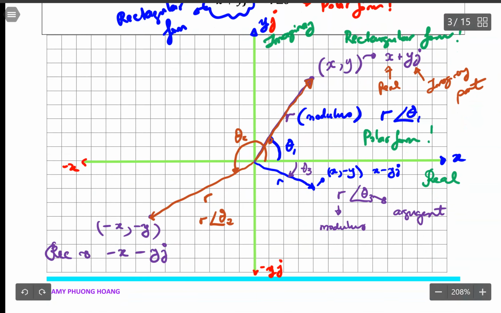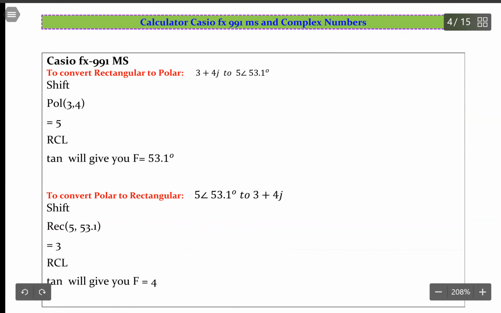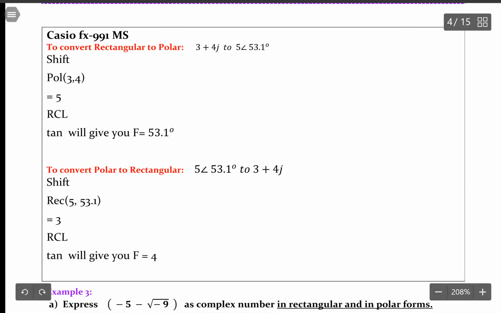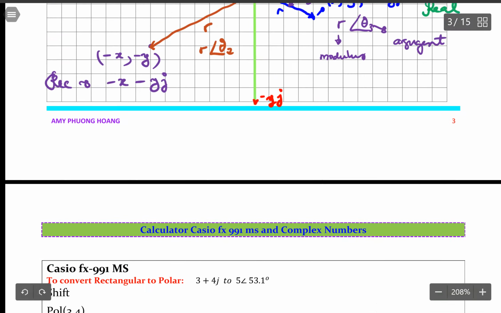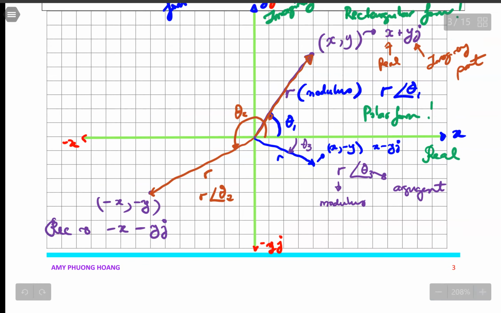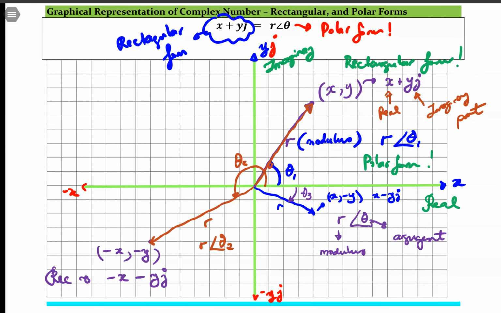The next example is where I ask everyone to use the Casio FX-991MS calculator to convert between rectangular form and polar form. Let's say I give you a complex number in rectangular form and ask you to convert it to polar form. You can use trigonometry to work with this.